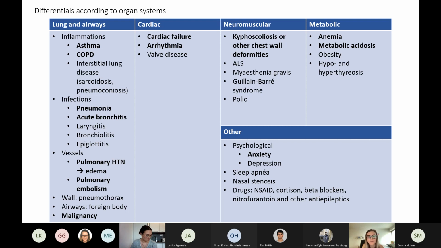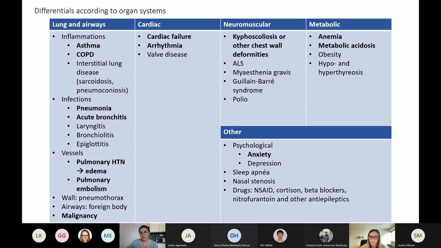With the cardiac, we have, for example, heart failure, and then we have arrhythmias, which are very common. Then we have neuromuscular, so kyphoscoliosis, or other chest wall deformities. And then with the metabolics, you have anemia and metabolic acidosis.